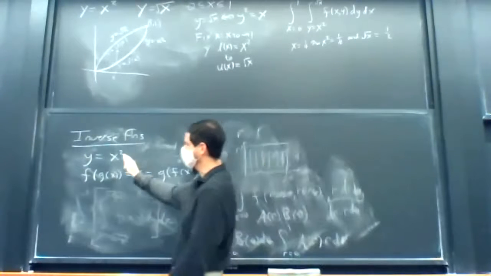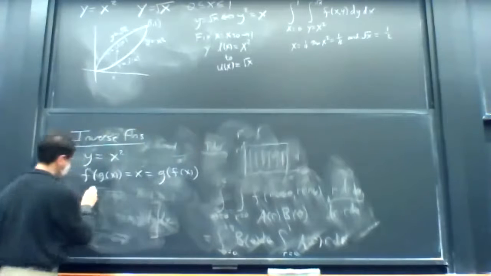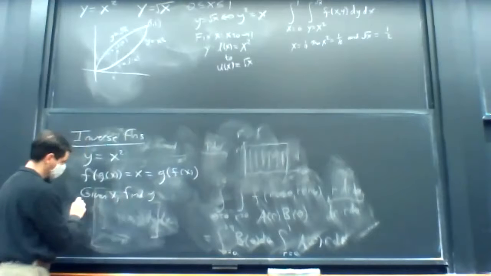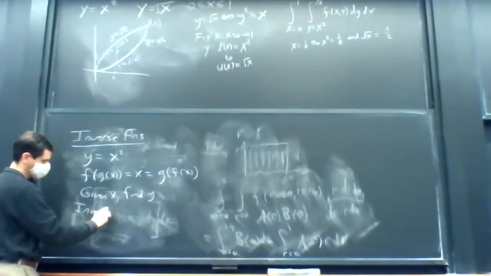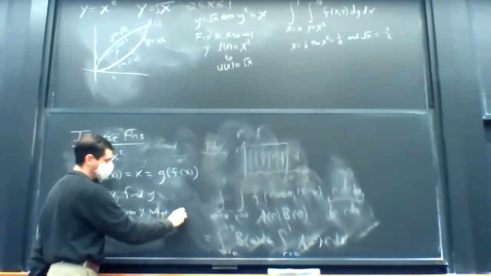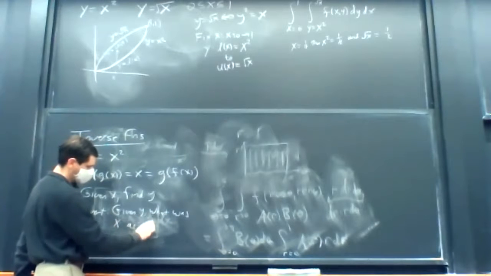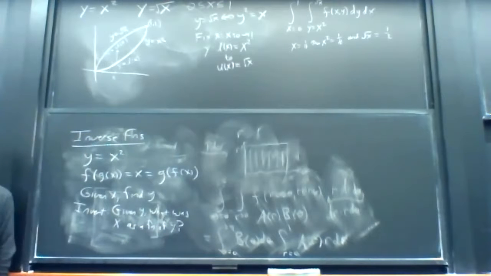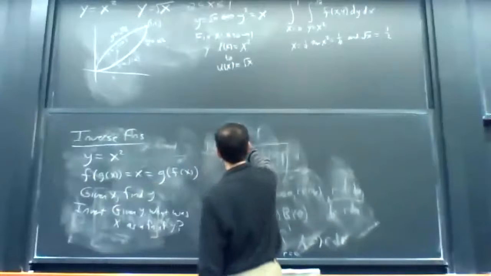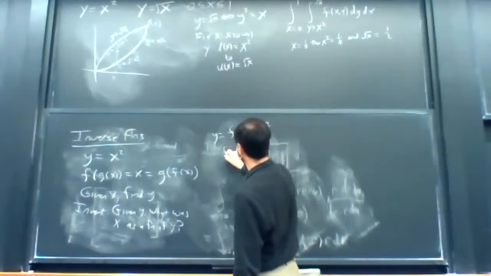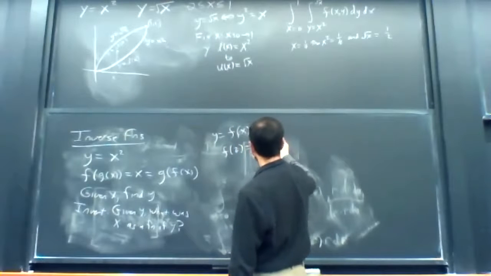So let's try to think about how we want to phrase it. Here, I give you an x. So given x, we find y. To invert, given y, what was x as a function of y? That's what it means to invert. So if I have f of x equals x squared, I call that my y, f of 2 equals 4.